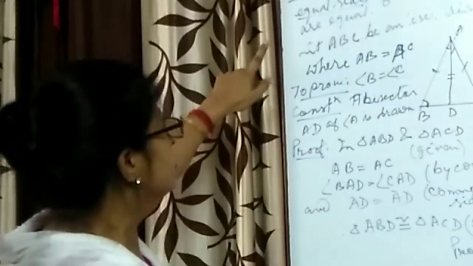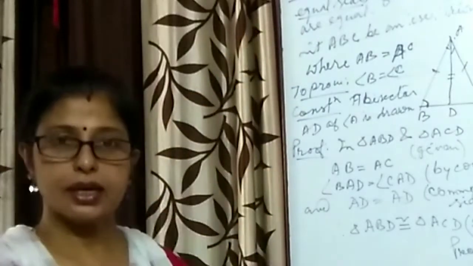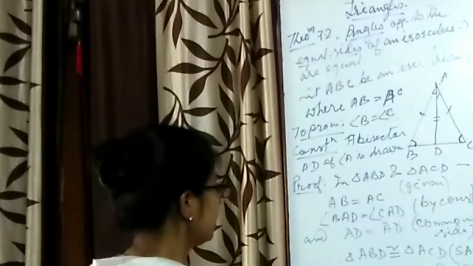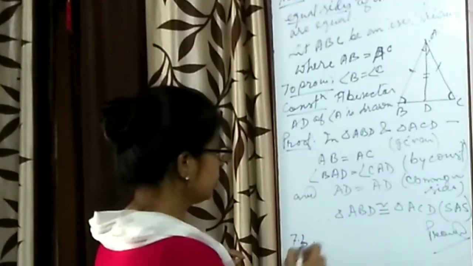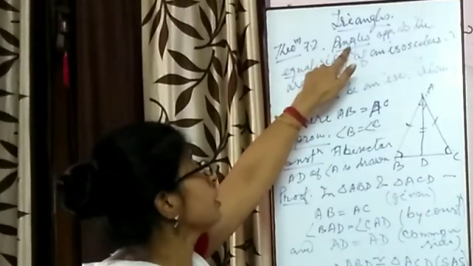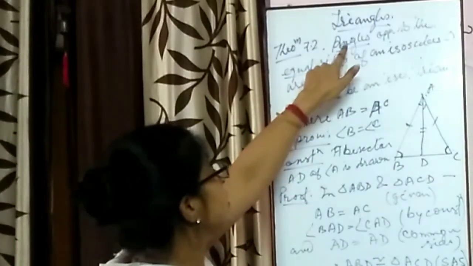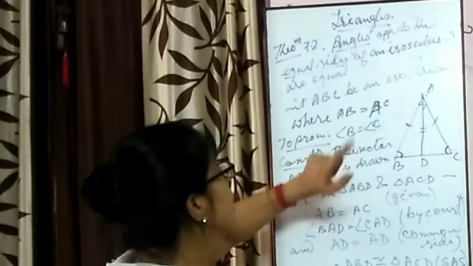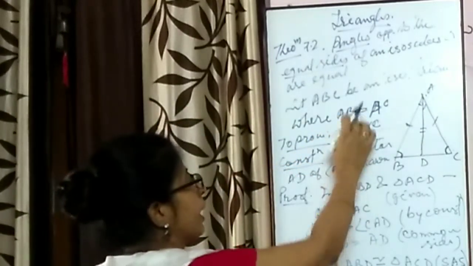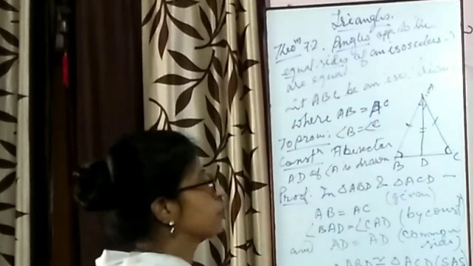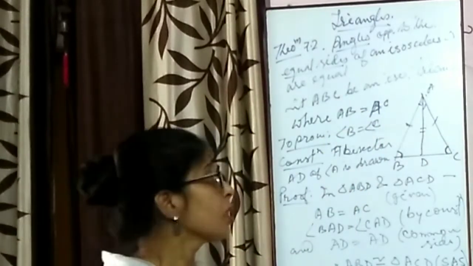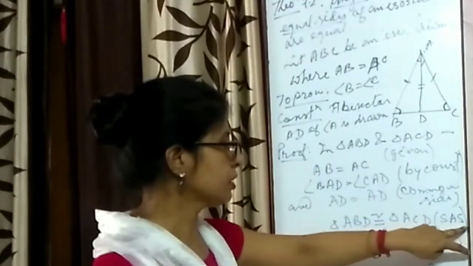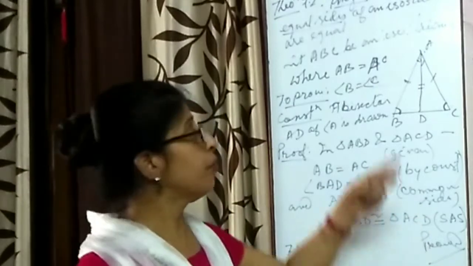Then the next theorem is as it is. Here it is 7.2, that one is the 7.3 theorem. What is it? Just a converse of this theorem. Here it is said to be proved the angles equal, the sides are given. In that theorem, angles are given equal, sides have to be proved equal. And instead of this SAS, you will get ASA by the construction.